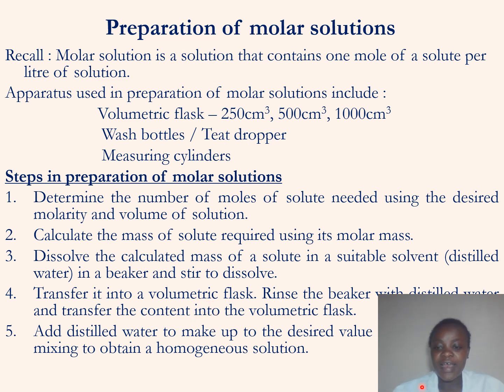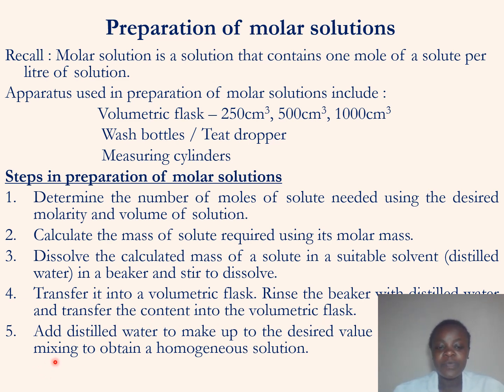After transferring the solution into the volumetric flask, we rinse the beaker with distilled water, then transfer that water, which may contain some solute, to the volumetric flask where we put the solution. So that is step number 4.